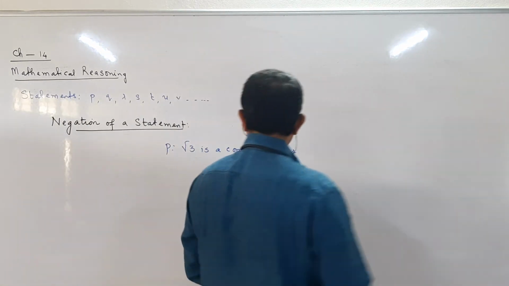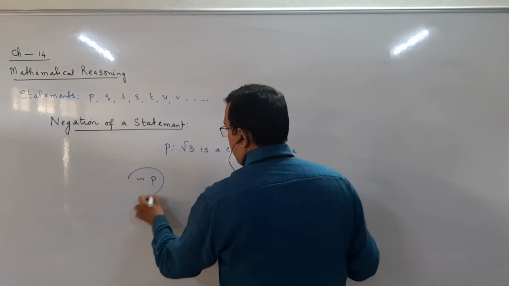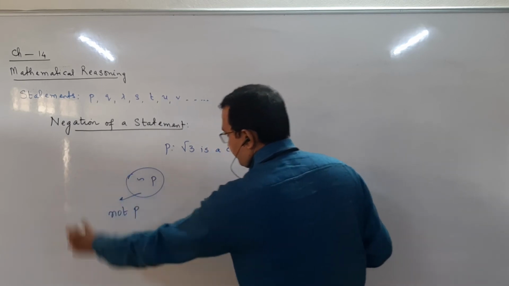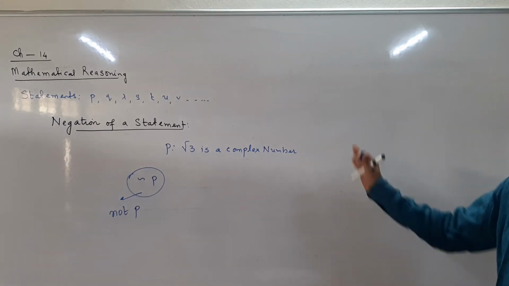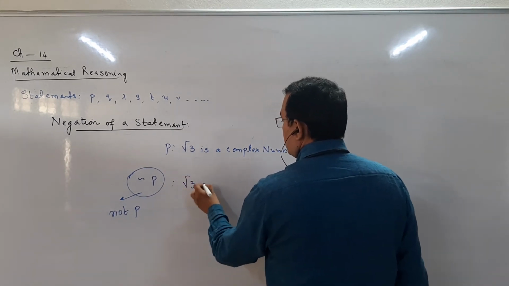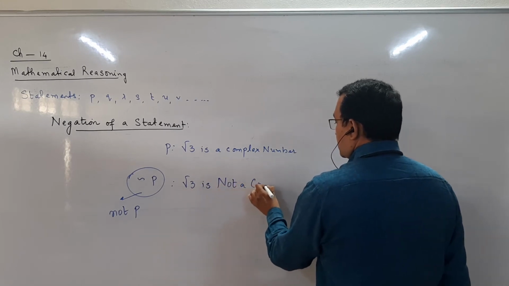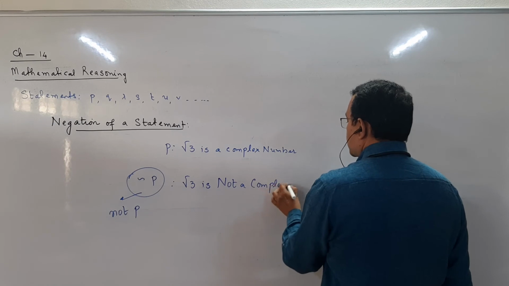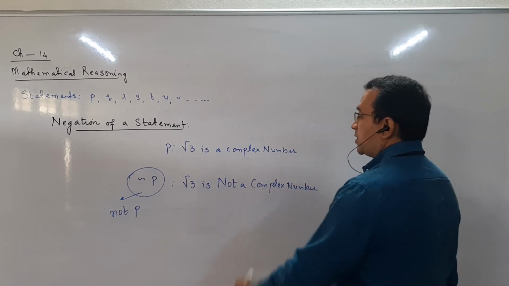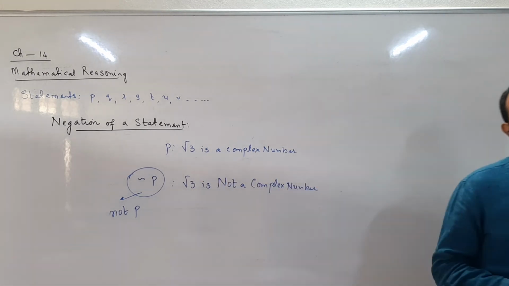So negation of statement P is denoted by this symbol, and this is read as not P. So if root 3 is a complex number, its negation is root 3 is not a complex number. Or alternatively, I can write root 3 is a complex number is false.